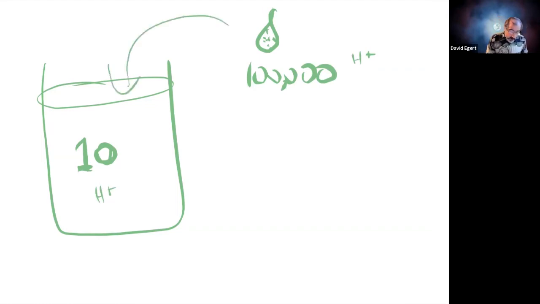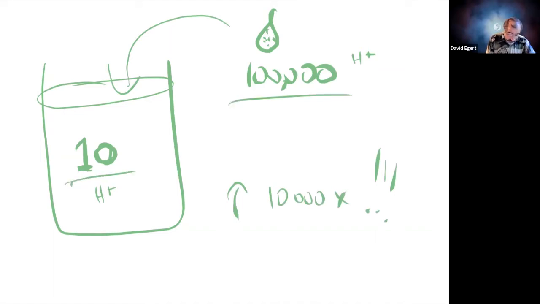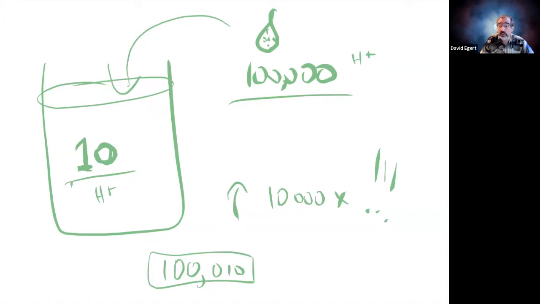So the first drop that I add is increasing the amount of H pluses by 10,000 times. Once I add that in, I'm at 100,010 basically. So I went up by a factor of 10,000, which is a pH dropping by 4, like going from 7 to 3, right?